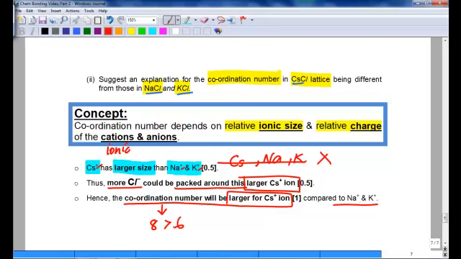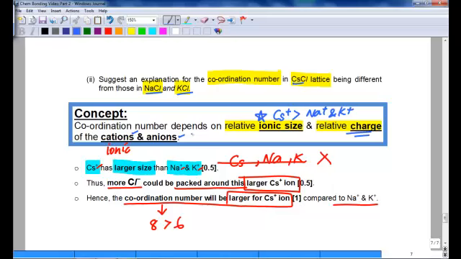Based on this, we can come up with this concept. The coordination number depends on the relative ionic size. In this case, Cs+ is greater than Na+ and K+. Coordination number also depends on the charges of the cations and anions.